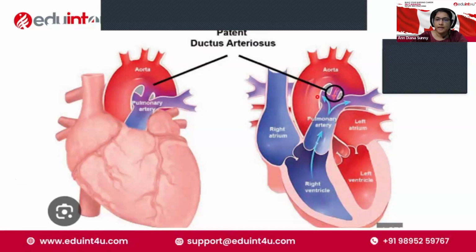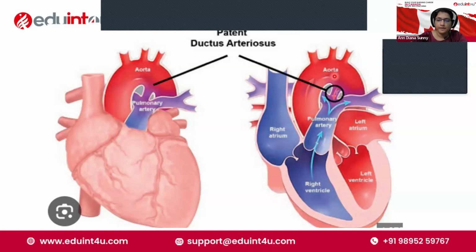So normally in the heart, in the right atrium, the deoxygenated blood comes and from it enters the right ventricle, and through the pulmonary artery, it goes into the lungs for oxygenation and returns to the left atrium and then comes to the left ventricle, and the oxygenated blood gets circulated to the systemic circulation through the aorta.